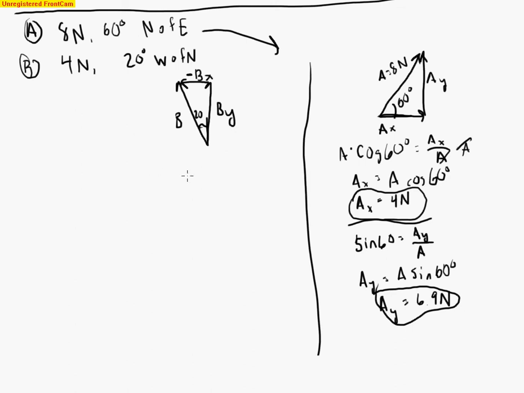So this time our x component is opposite of our angle shown here. So we need sine. Sine of 20 degrees equals BX divided by B. So then BX is B sine 20 degrees. And so BX works out to be negative 1.4 newtons.